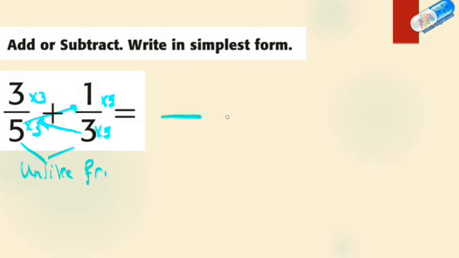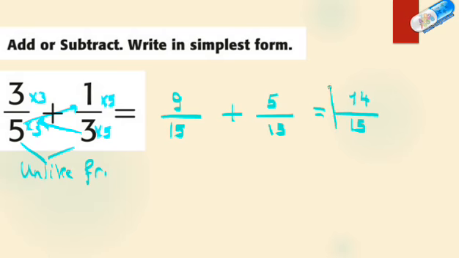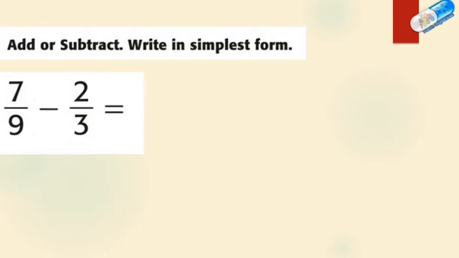The new equivalent fractions have the same denominator: 5 times 3 is 15, and 3 times 5 is 15. The numerators: 3 times 3 is 9, and 1 times 5 is 5. Now you can add over 15. 9 plus 5 equals 14. And of course 14 over 15 is in the simplest form, and it is a proper fraction.